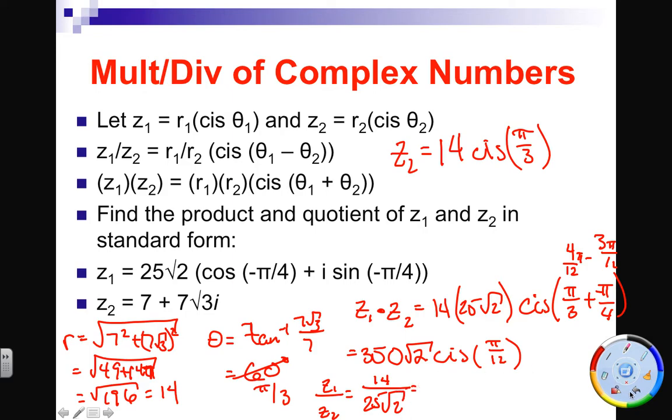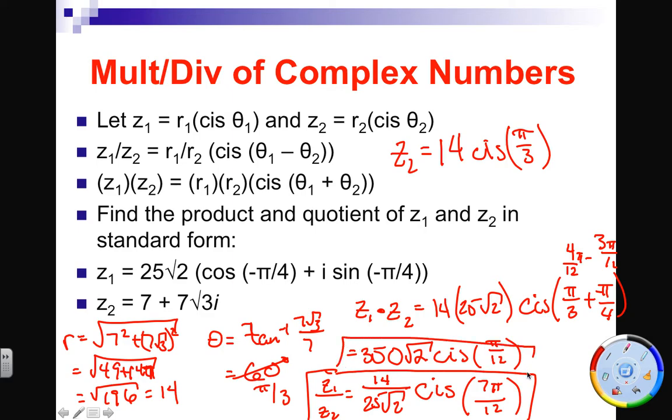Times the CIS, not cosine, that's not what that's supposed to say, CIS of, well, this would be 4 pi 12ths plus 3 pi 12ths, so I would get 7 pi over 12. All right, so multiplication and division of complex numbers in trig form are very simple. You just might have to figure out what the CIS version was, but again, that's not too challenging.